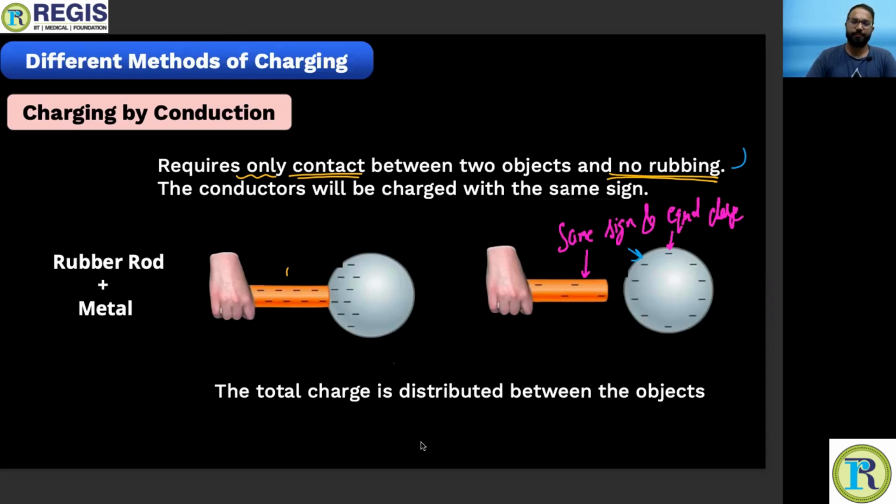Clear? So basically, the point is equal charge. It's not important that every time the charge will be the same, but the polarity of charge will be the same. Same sign. Clear? So for conduction, there is a contact required between two objects.